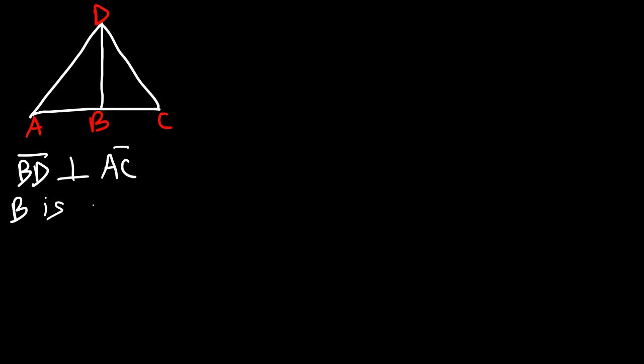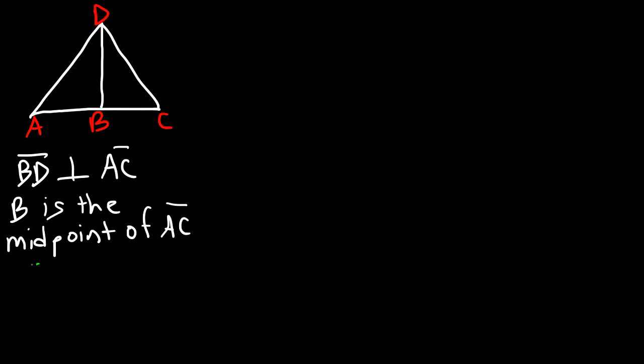Now let's work on another example. So let's say this is A, B, C, and D. And you're given that BD is perpendicular to AC. And also B is the midpoint of AC.